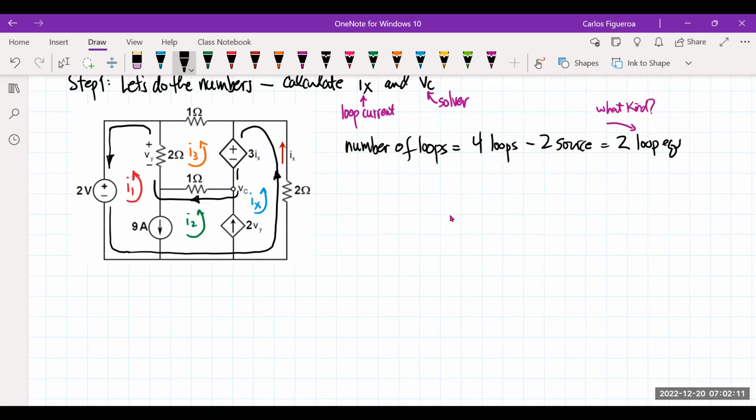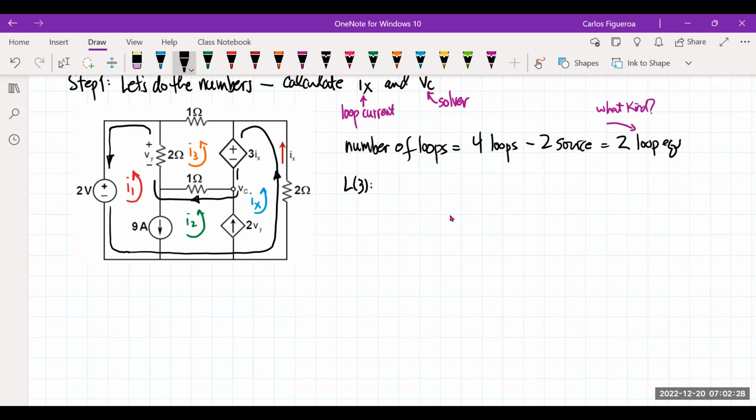So now I'm going to start my counting. I'm going to start with the regular loop, which is I3. We're just doing the counting.